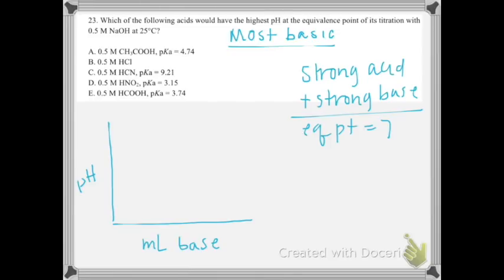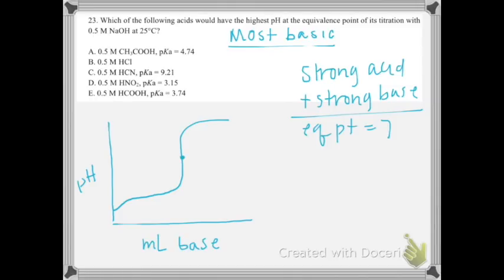But if we have a weak acid and a strong base, we have a different kind of titration curve, where we start acidic, so low, increase, then we kind of level out a little bit, and then we have a sharp increase.